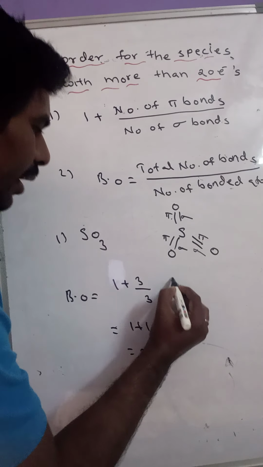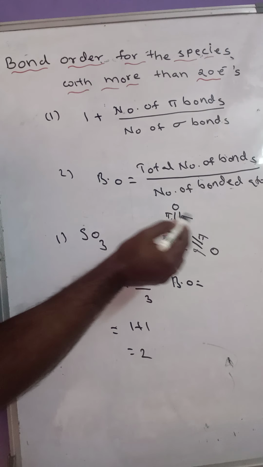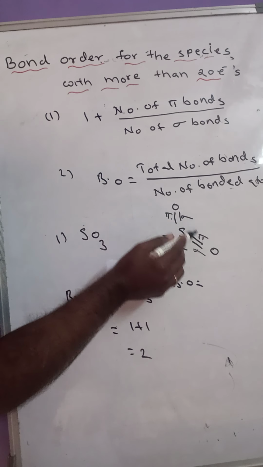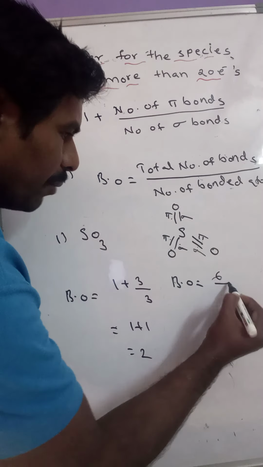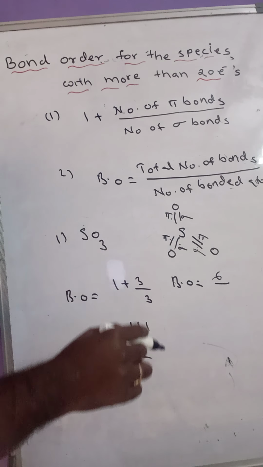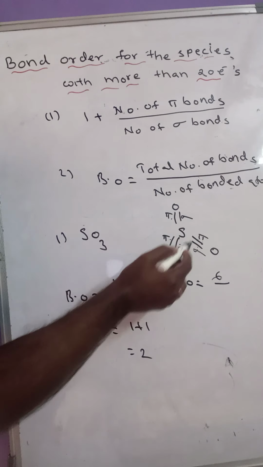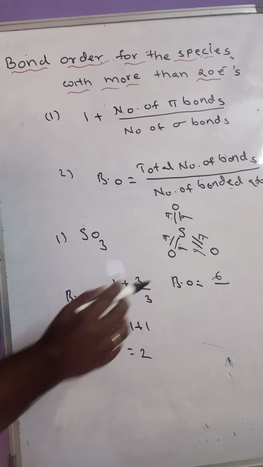According to the second formula, total number of bonds: 1, 2, 3, 4, 5, 6, including sigma and pi bonds. So 6 bonds are there. Now, how many bonded atoms?